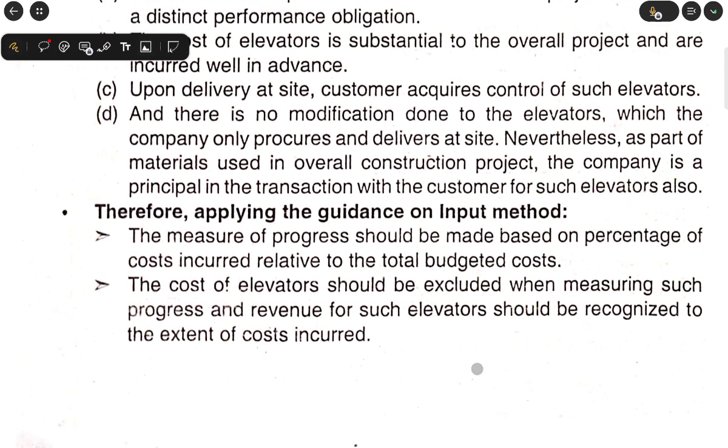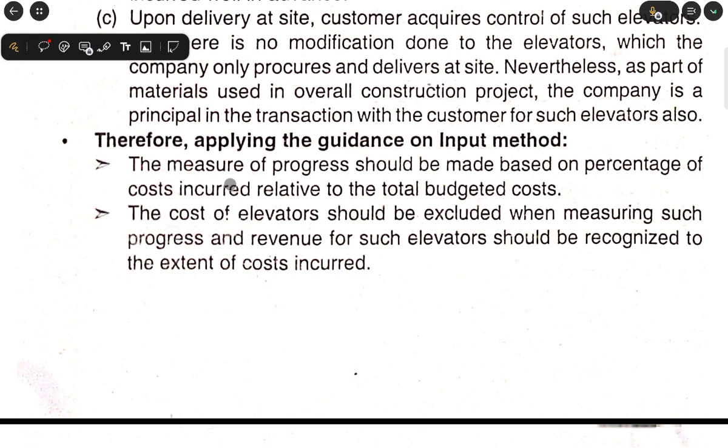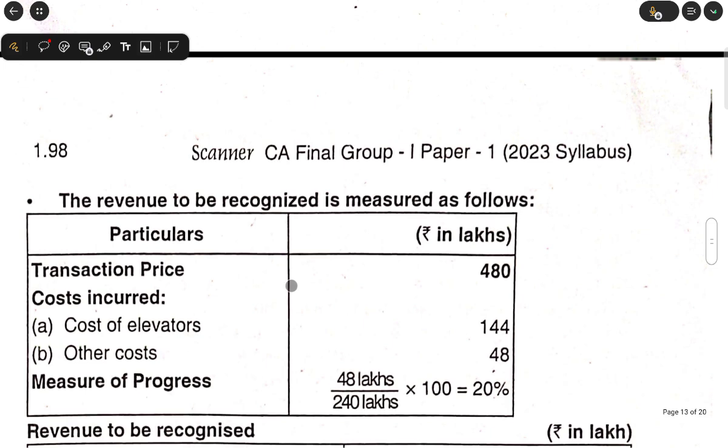Therefore, applying the guidance on the input method, the measure of progress should be based on the percentage of cost incurred relative to the total budgeted cost. The cost of the elevator should be excluded when measuring progress, and revenue for the elevator should be recognized to the extent of cost incurred. So the transaction price is 480 lakhs, cost of elevator 144, other costs 48 against the budgeted 336, so the work completed is 20%.